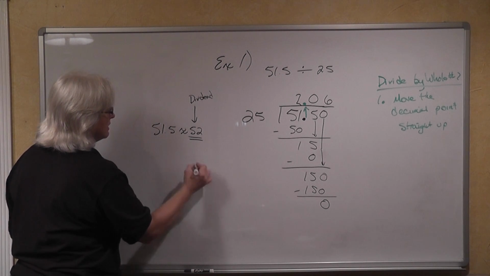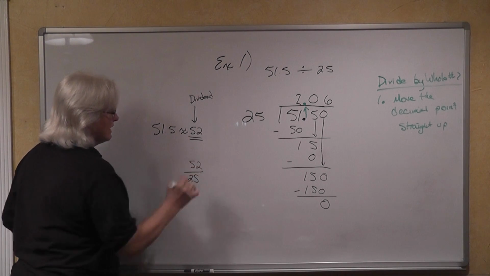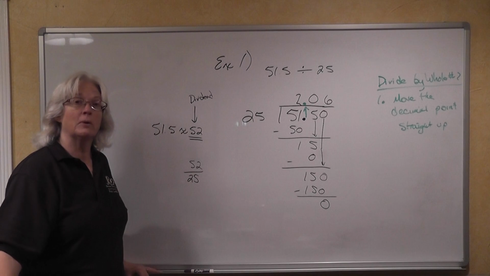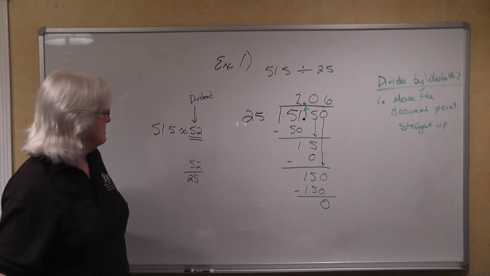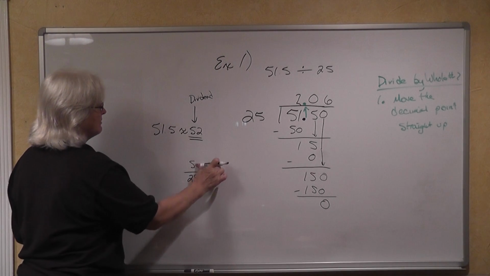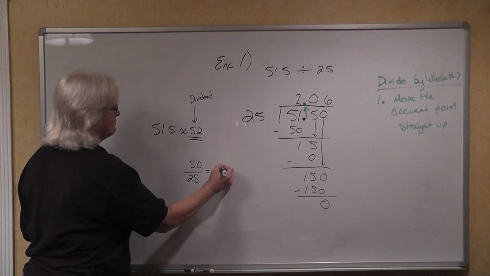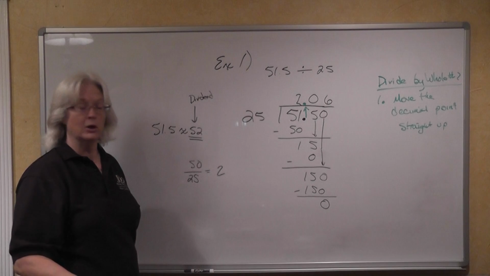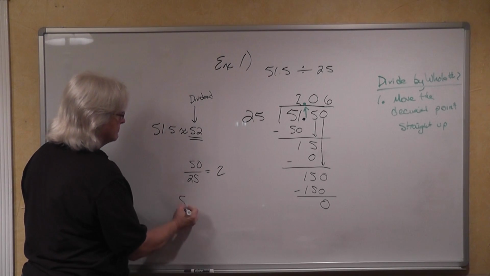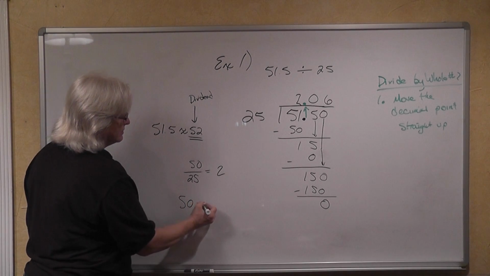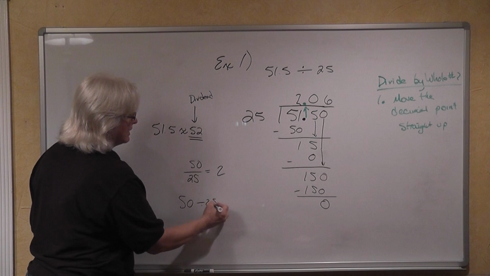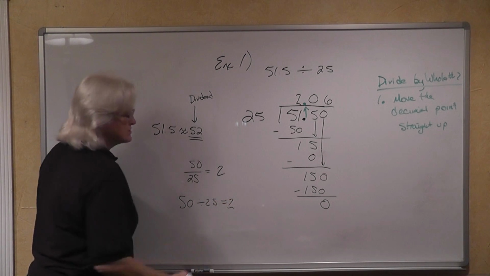And you cannot, in your head, divide 52 by 25, but you can say, if you round that 52 to a 50, 50 divided by 25 is 2. Or maybe you think 50 divided by 25 is equal to 2.